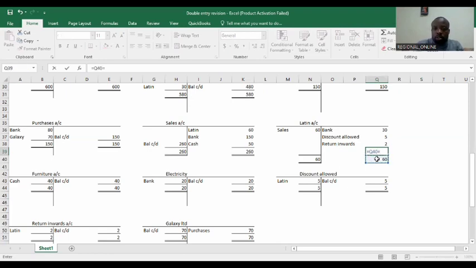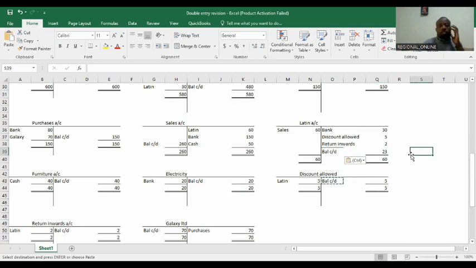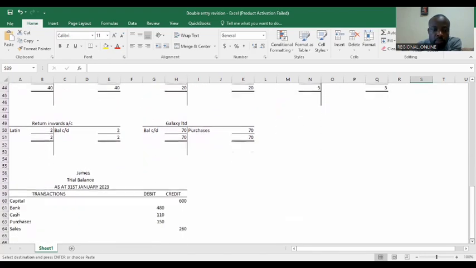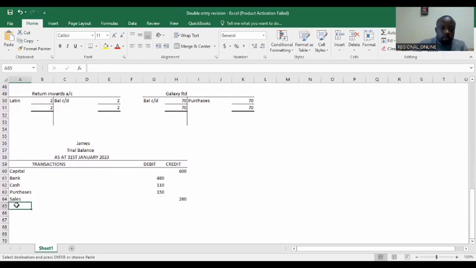So we have a balance carried down of 23, but on the credit side, so it must go on the debit side. That is 23, Latin, $23.